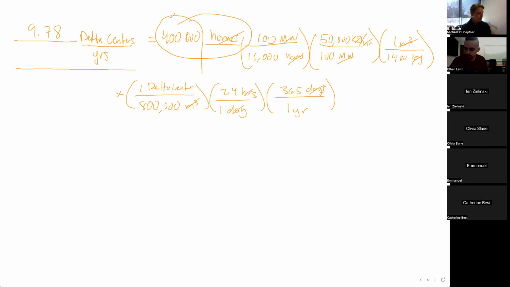On this particular problem, if you had chosen a different starting point on the right-hand side, you wouldn't necessarily have been able to get to delta centers per year, but you could always assume a basis and then scale that basis up. You could figure out how many cubic meters per year a single household uses, and then scale that up to 400,000 households. That's another totally valid way to do this. I just put it into one big chunk of work, but it could be broken up into multiple smaller steps too.